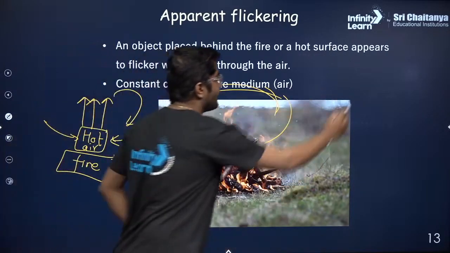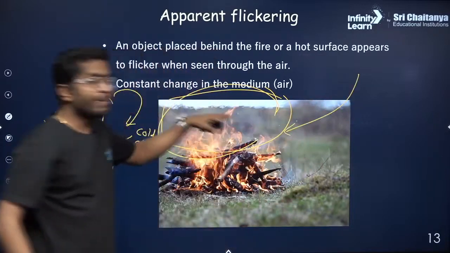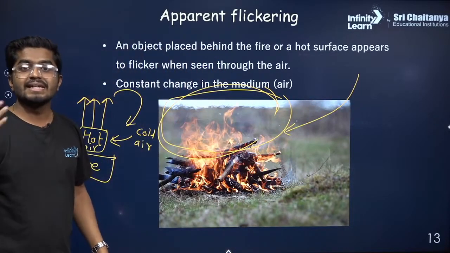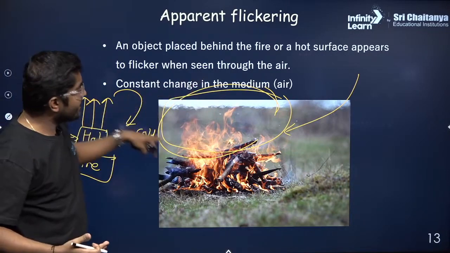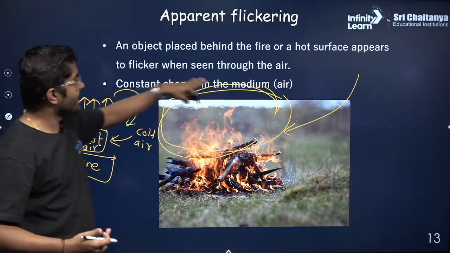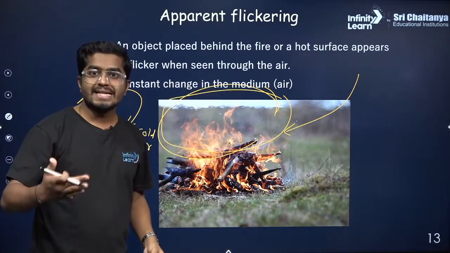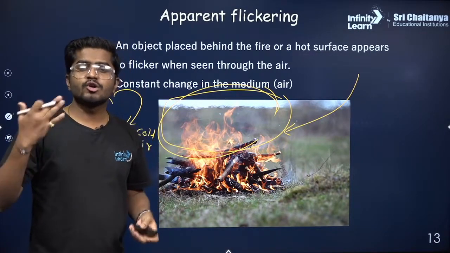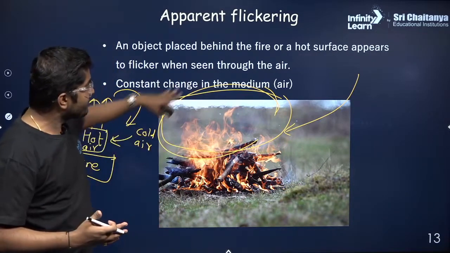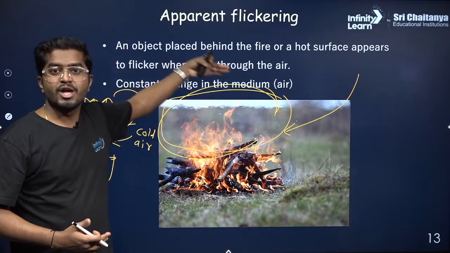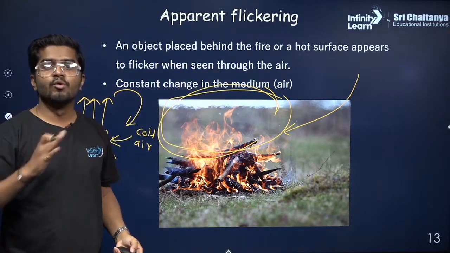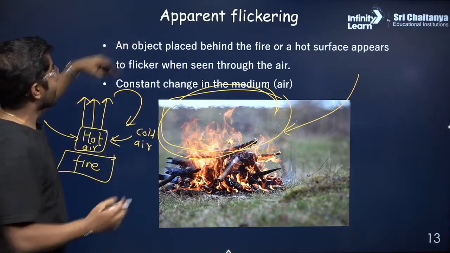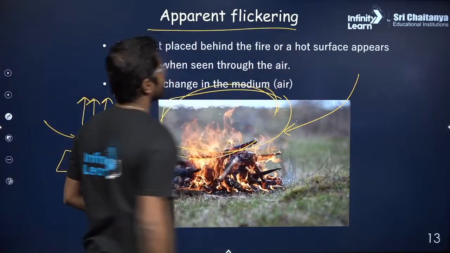As soon as some cold air comes and occupies the space, refractive index increases. So there is this medium which is the air, there is a constant change in the refractive index. So if the medium is changing, if there is a constant change in the refractive index, the object which is beyond this will appear to move, and this is called apparent flickering.